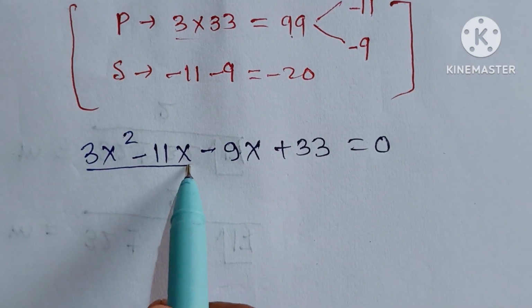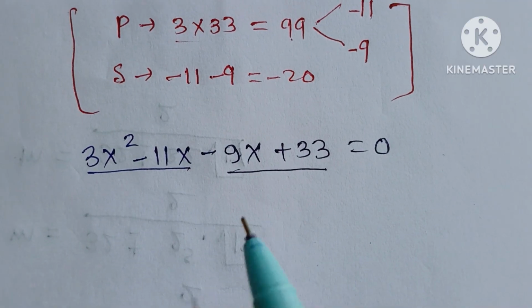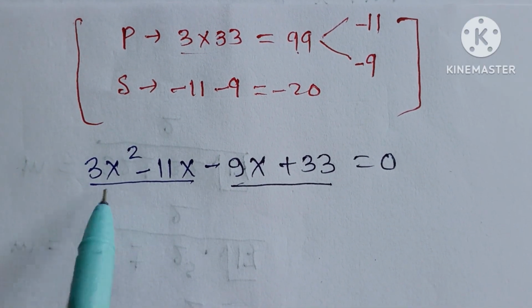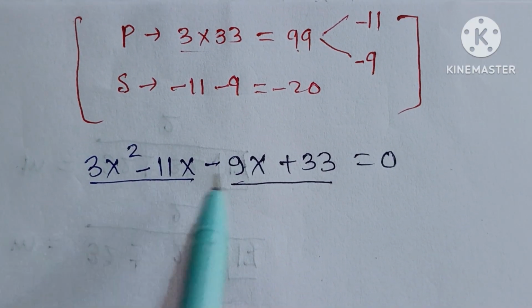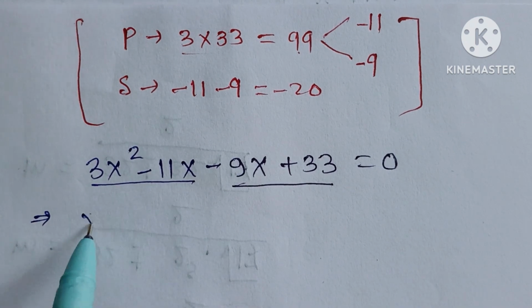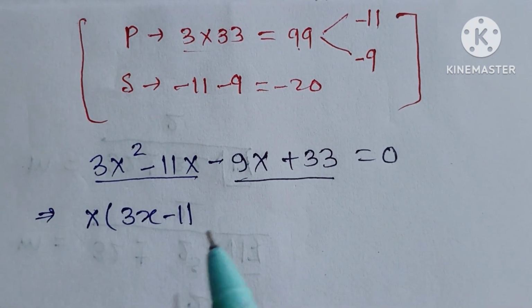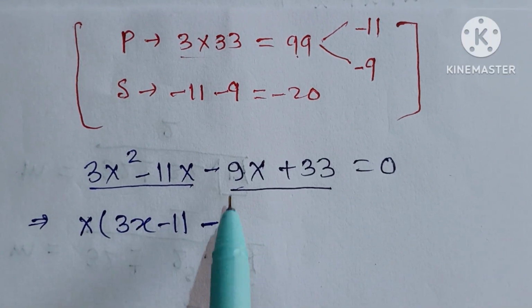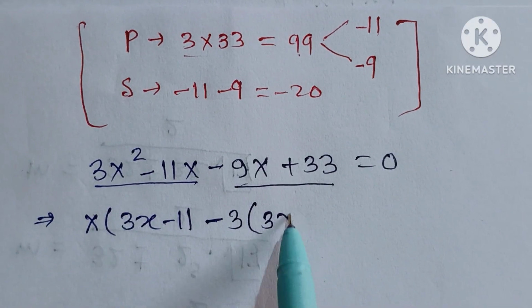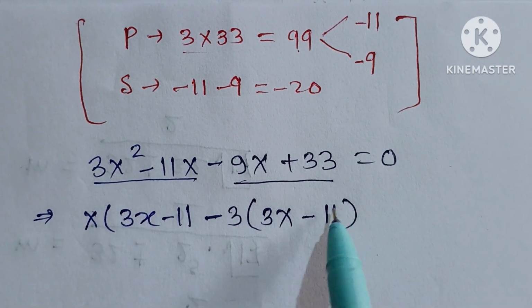Take common x from the first two terms, so 3x minus 11 remains, and take common minus 3 from the last two terms, so 3x minus 11 remains.